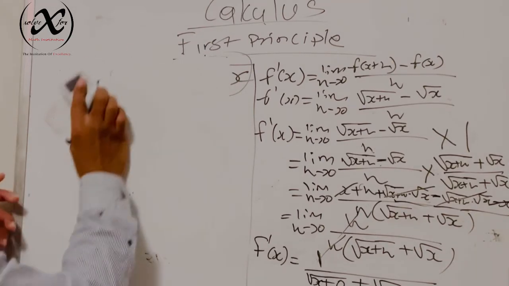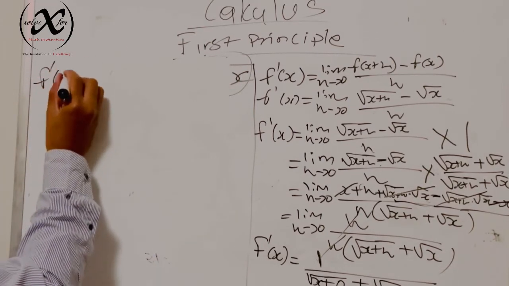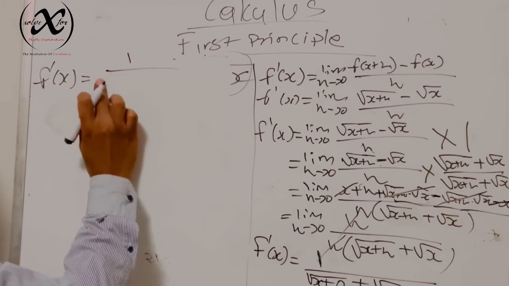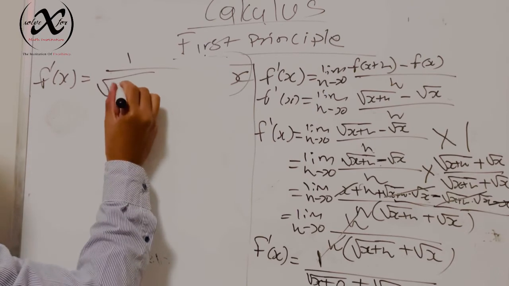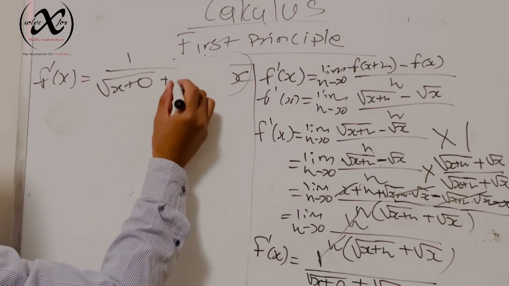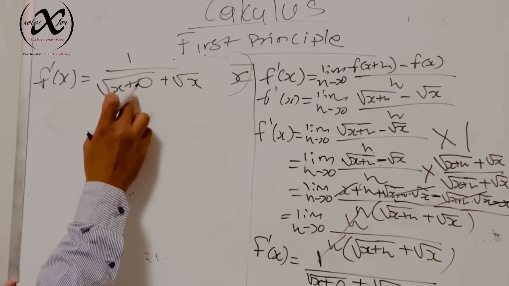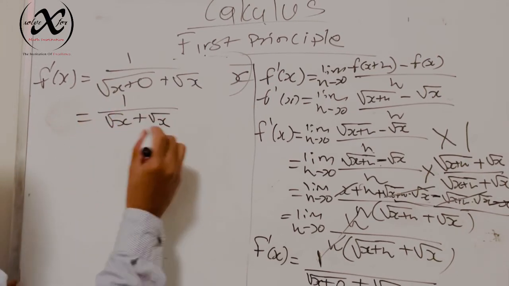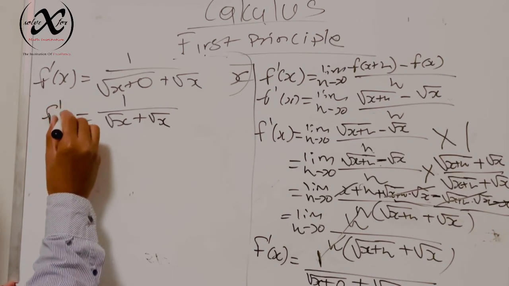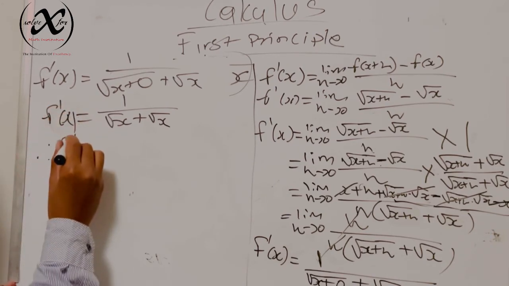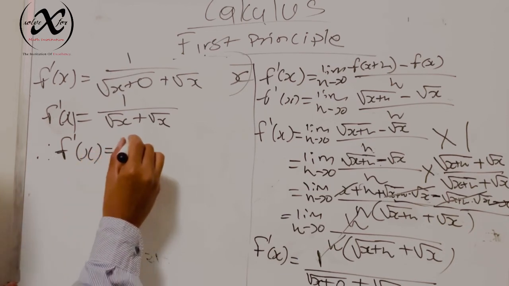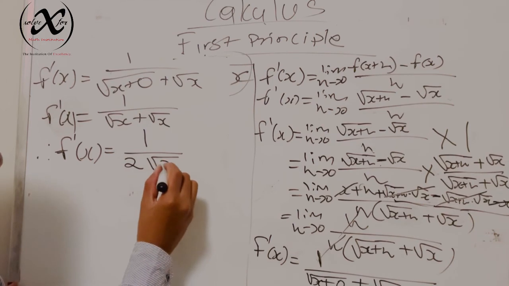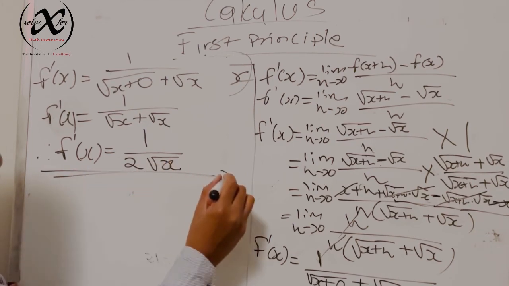Then let me just rewrite it here. F derivative of x equals 1 over square root of x plus 0 plus root x. So this is 0. So basically you have 1 over root x plus root x. Therefore f derivative of x equals 1 over square root of x plus square root of x, which is 2 square root of x. That is your answer.